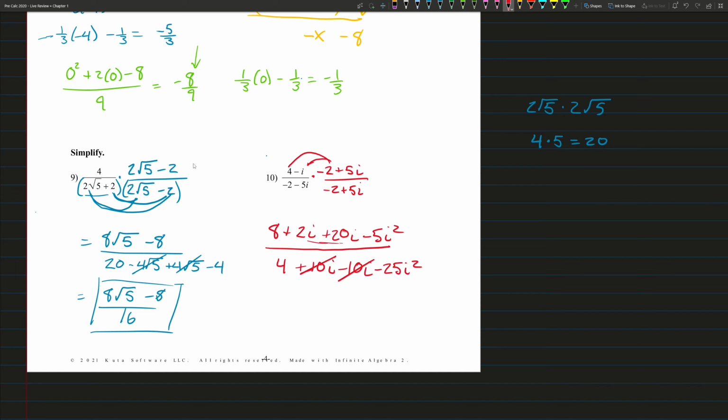So we get 8 plus 22i plus 5, because negative 5i squared is negative 5 times negative 1, which is positive 5. And then down bottom we get 4 and then plus 25 for the same reason. Negative 25 times negative 1 is positive 25. So then we get 13 plus 22i over 29. And then this is our answer.